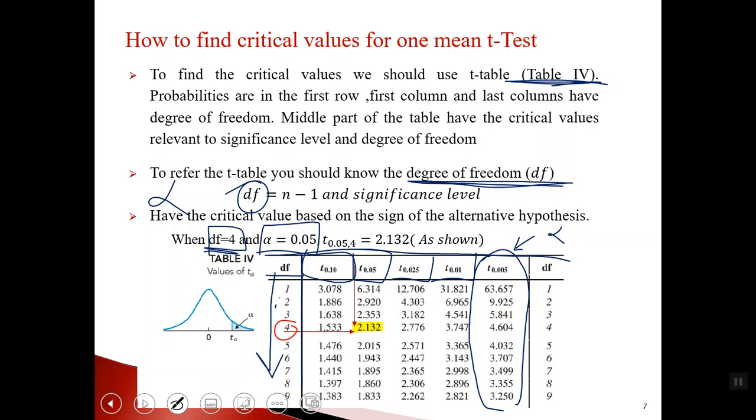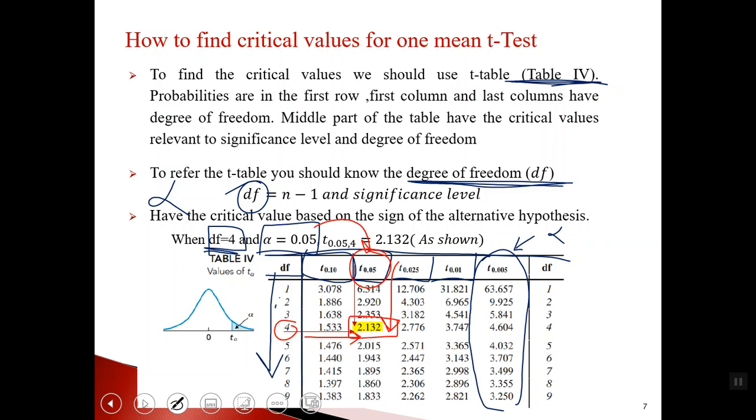Next find the alpha value, 0.05 in this column. Come down vertically and go through horizontally. At the intersection point you will find the particular value. Here it is 2.132.